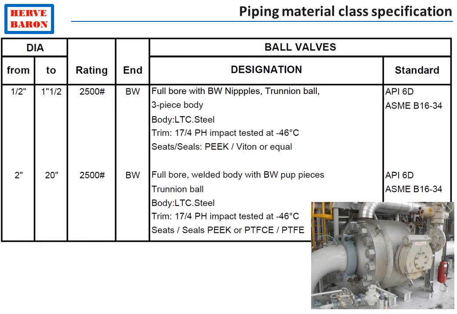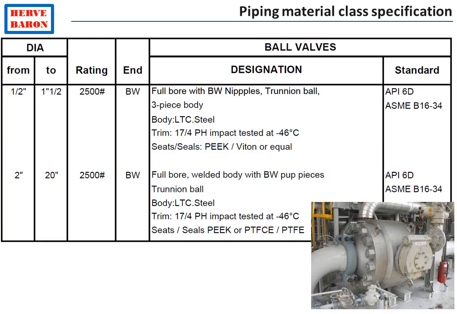The piping material class specification also provides the specification of manual valves of the different types, such as ball valves, gate valves, check valves, globe valves. The specification is usually made by means of specifying a design and construction, inspection and testing standard, such as API 6D.